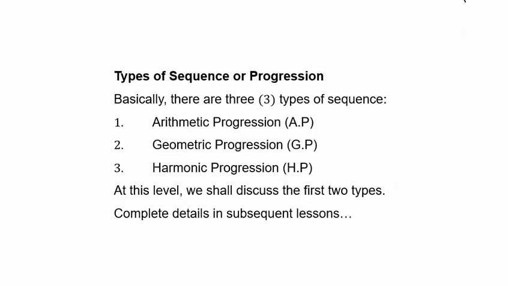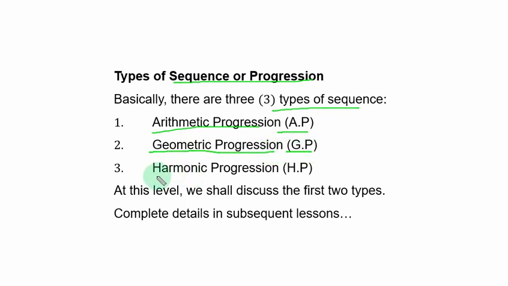Next, we shall discuss the types of sequence or progression. Basically, there are 3 types of sequence. Number 1, arithmetic progression denoted by AP. Number 2, geometric progression denoted by GP.